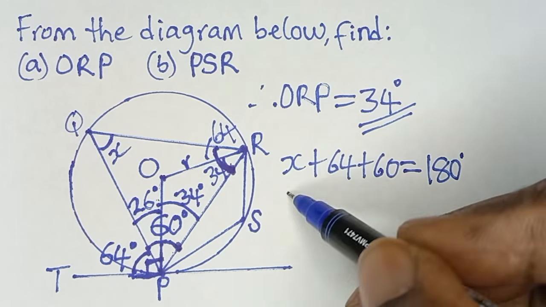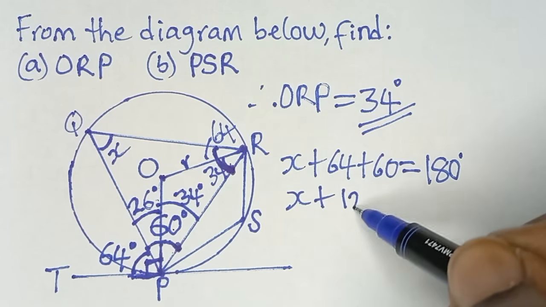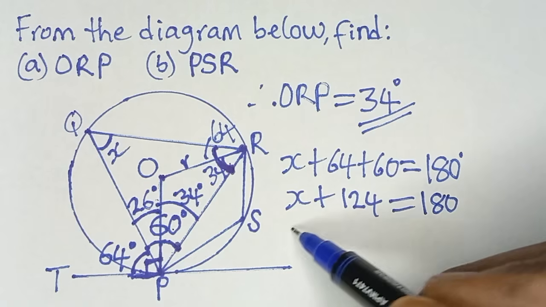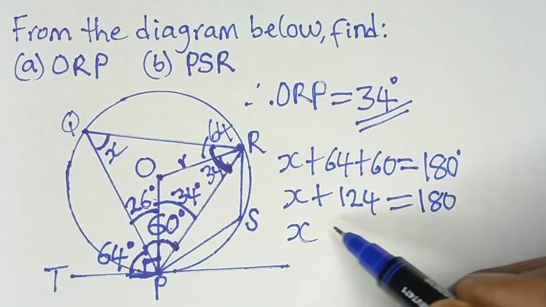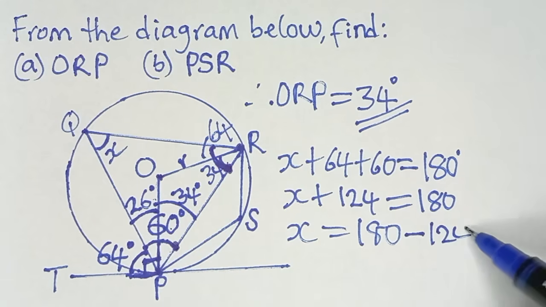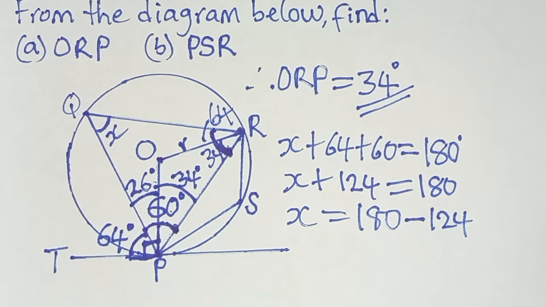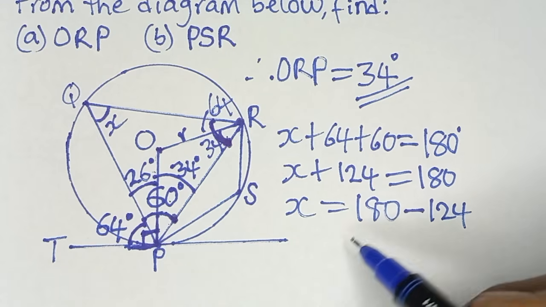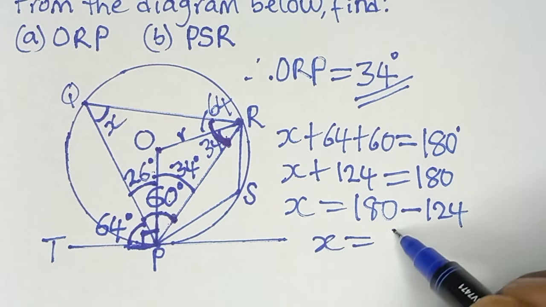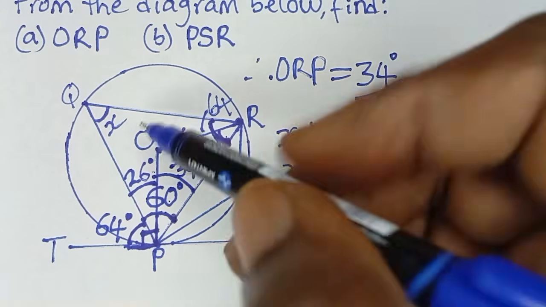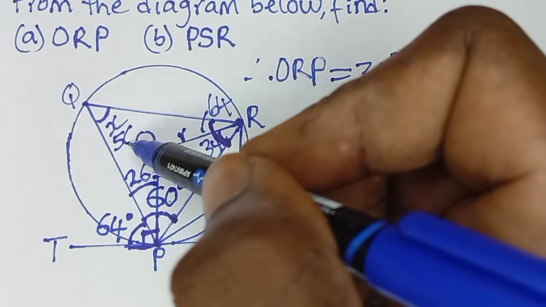So X plus 124 is equal to 180. X is equal to 180 minus 124, and 180 minus 124 will give me 56 degrees. So X is equal to 56 degrees. Hope you are seeing that now.